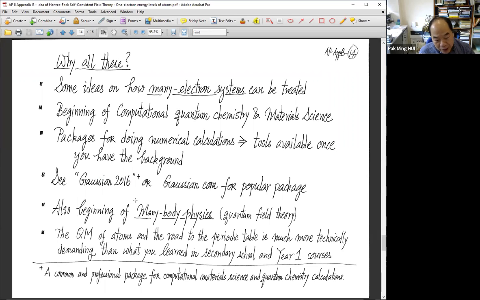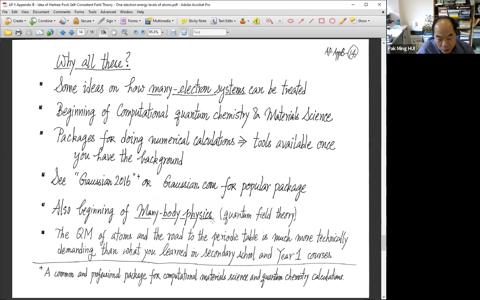It is also the beginning of many-body physics, because even the methods of Hartree and Hartree-Fock that we wrote down can be represented by a certain Feynman diagram. The correlation part that we cannot handle within self-consistent calculation can be handled by including some interaction represented by Feynman diagrams that are not included in the mean field methods, okay?